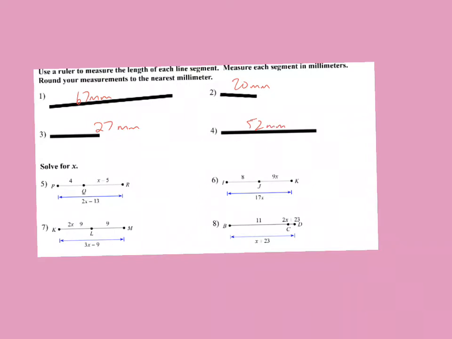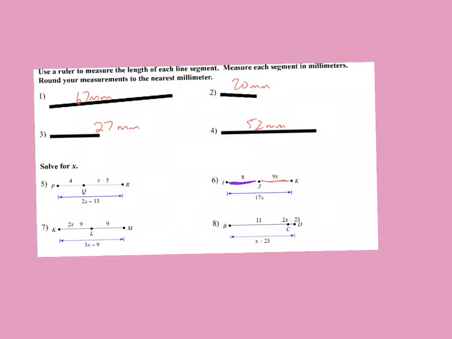Number 6, we have 8 and 9x. So remember, we're going to break this into pieces. So that's a big thing. We want to break this into pieces. So I have this, I'm going to call this a purple piece. So I have this purple piece right here, and I have it with the red piece.